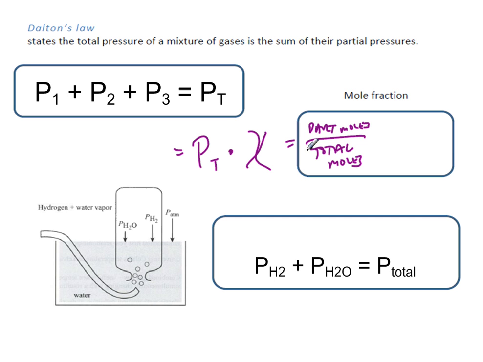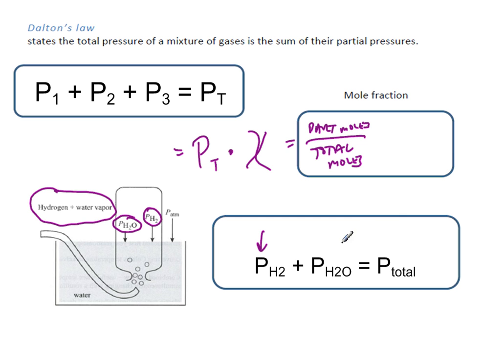The other derivation of that is what we call whenever you collect gas over water, because in chemistry we generate gas and we collect it over water. So here's an example, if you notice here, of hydrogen and water vapor in a container. We collect it over water so we can measure the volume of the gas by displacement, but we also get water vapor in there as well. So if we want the pressure of just the H2 gas, what do we have to do?